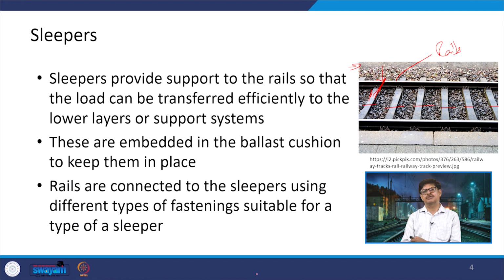Slowly those wooden sleepers were changed to cast iron or steel trough sleepers. And finally, nowadays we are using concrete sleepers. Again, in concrete sleepers there can be different varieties, types and designs. Based on that, we need to see what type of fastenings can be used and are going to be suitable so that the sleeper and the rail remain intact in position.